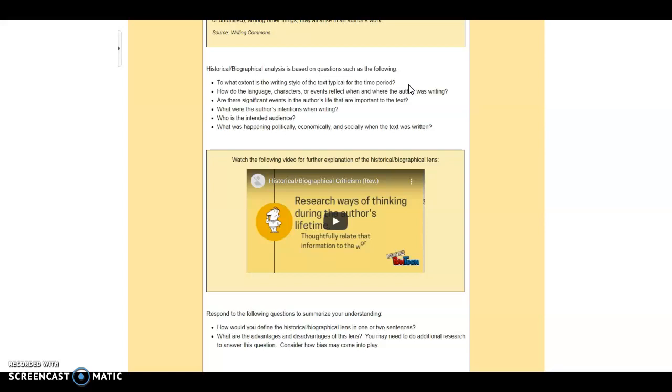So again, time period dictates writing style. Other questions you can consider is how do the language, characters, and events reflect when and where the author was writing? Or what are significant events in the author's life that are important to the text? So you'll notice that we're asking questions about the author and about the time period in which the story was written.